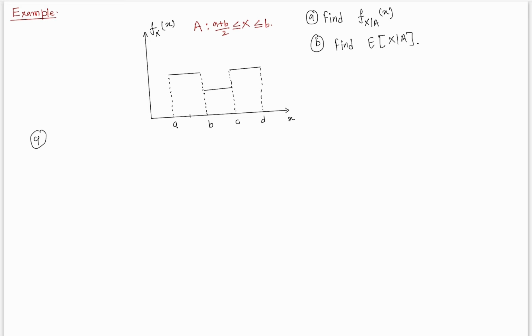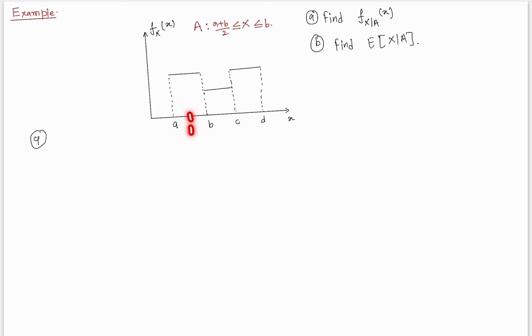Initially the random variable x was taking values from this range, that is from a to b. Now we are given this condition that the random variable takes a value between these two values. Here (a plus b) divided by 2 is the midpoint of a and b.